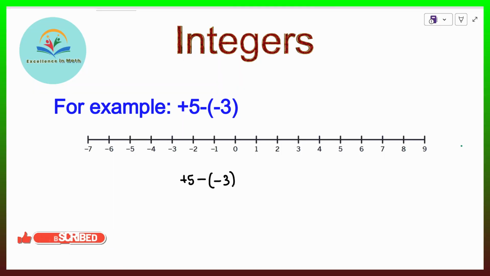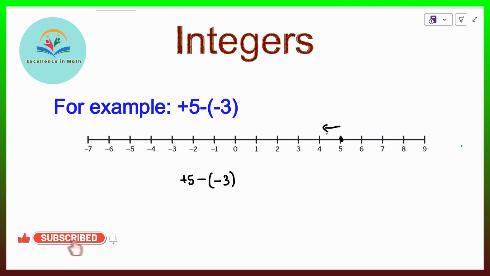Let's move on to the next example, that is +5 minus -3. Here we are subtracting a negative number from a positive number, isn't it? Adding a negative number means the change is in the negative direction. Let's try to understand how the subtraction of a negative number from a positive number results in addition. Let's consider this +5, right? Negative change means take away. We will be going in the left direction.